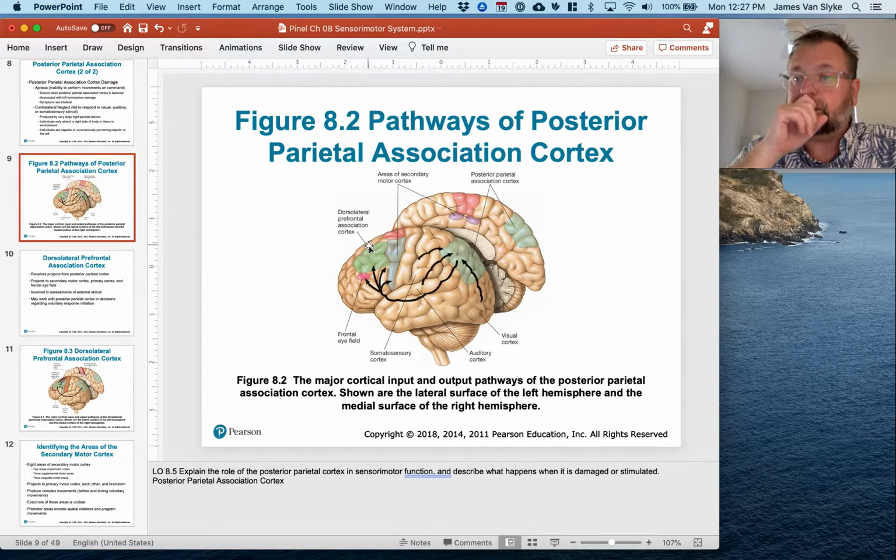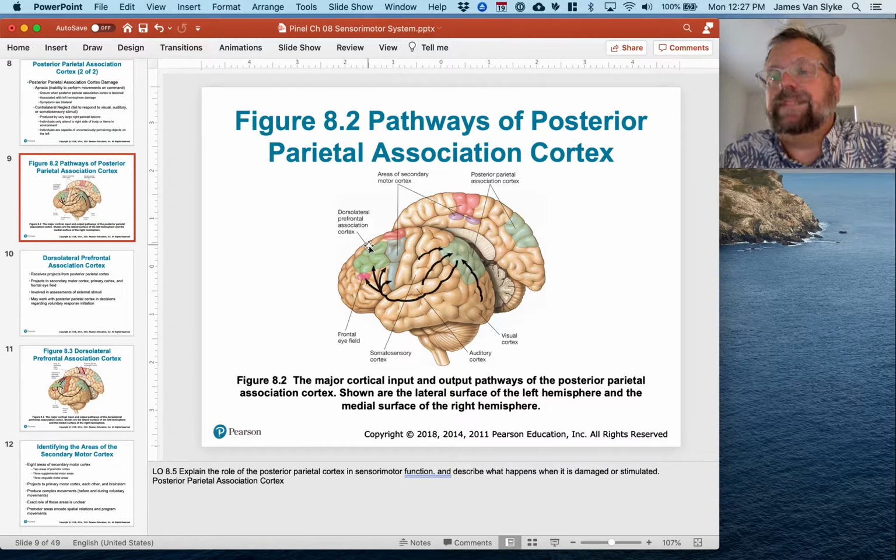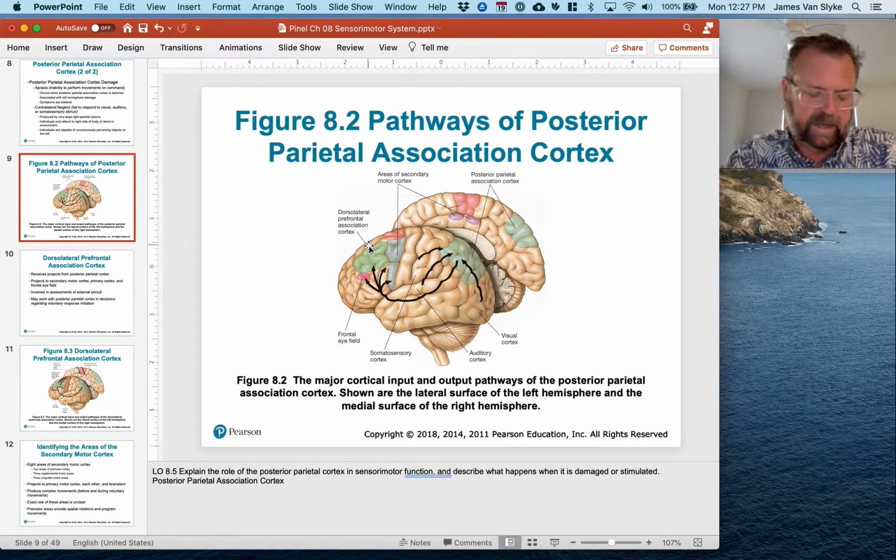And this is what's always really interesting about studying the sensorimotor system, is that there's a lot of different areas of the brain involved in these kinds of things. There's a lot of stuff going on here.